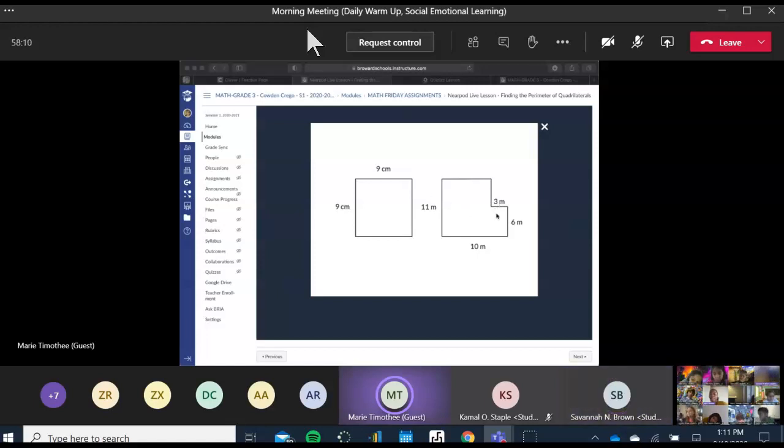Actually, let me start from this side. If we already know that this is 11, and then we see that this over here is 6, what do you guys think over here would be? What do you think this would be? You're almost there, Aiden, but not quite.